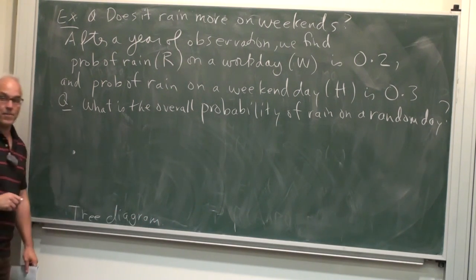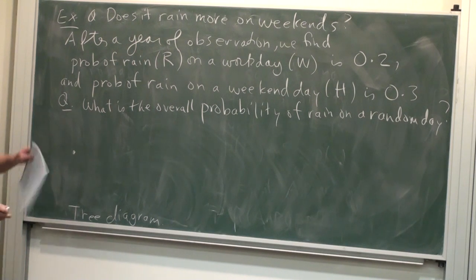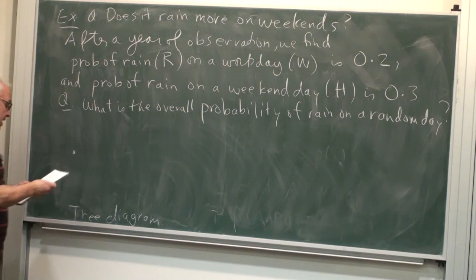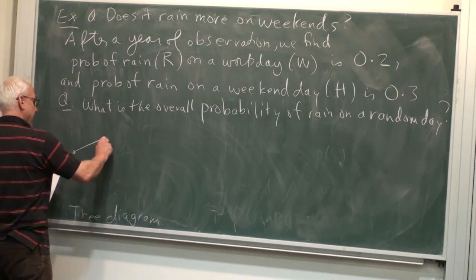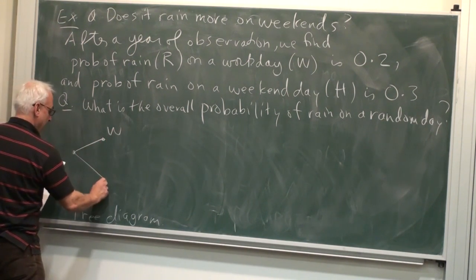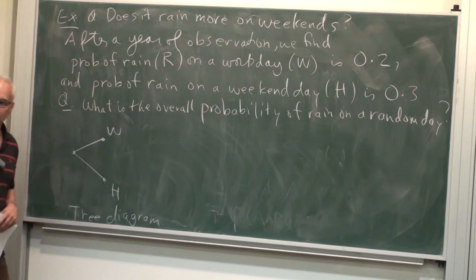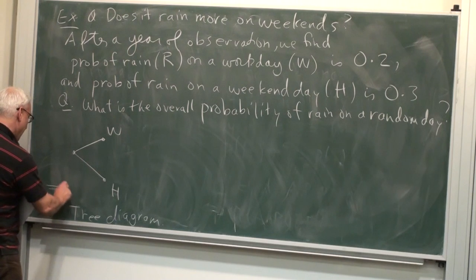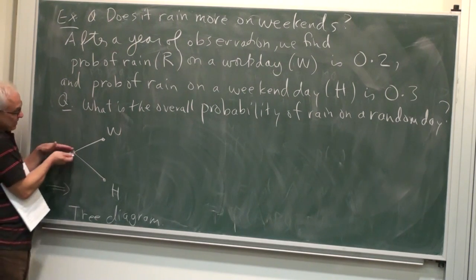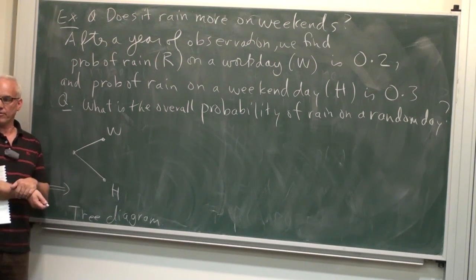The first node will be whether it's a work day or a weekend day. So let's say W and H. This is the first possibility. We're going to read from left to right. This represents a splitting of possibilities.